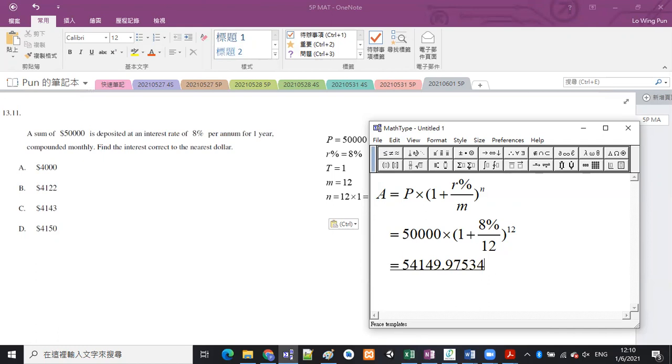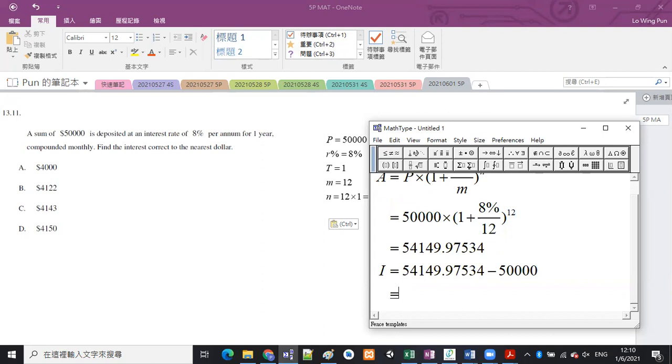But the question asks us to find the interest only. So we need to subtract this number by the principal. So I should be equal to this number minus the principal, that should be 50,000. Okay, and then you use the calculator. It should be 4149.97534.